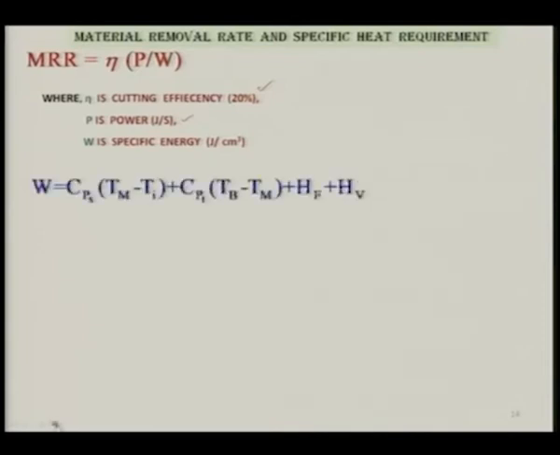If you want to calculate the specific heat required to melt and vaporize the workpiece material, then this is given by W equals CPS multiplied by (Tm minus Ti) plus CPL multiplied by (Tv minus Tm) plus HF plus HV. Now here CPS is the specific heat of solid.